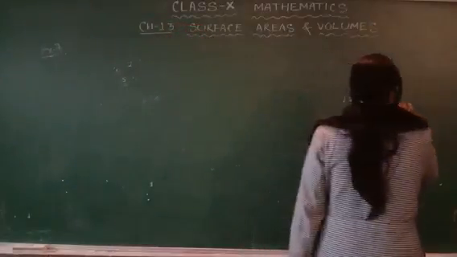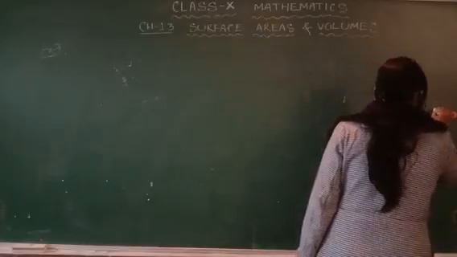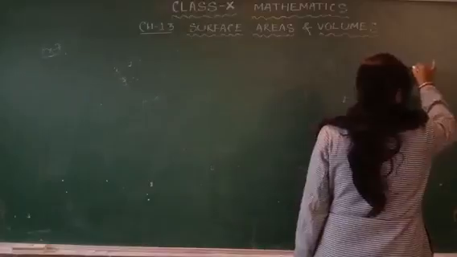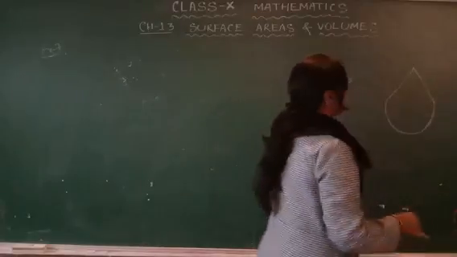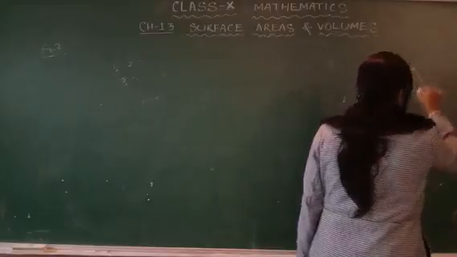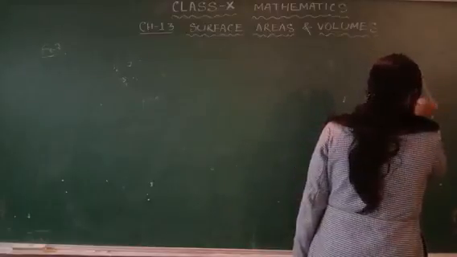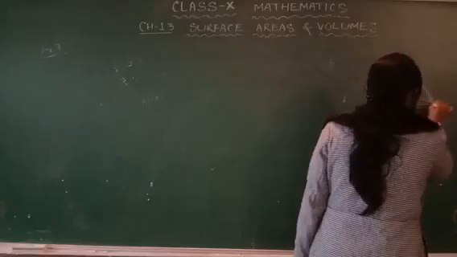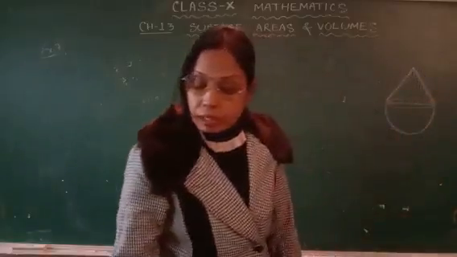This is a hemisphere surmounted by a right circular cone. This is the shape of a toy. It is a hemisphere which is surmounted by a right circular cone.